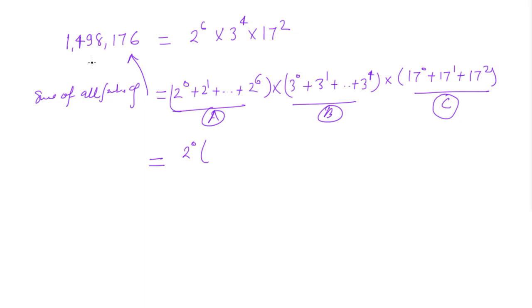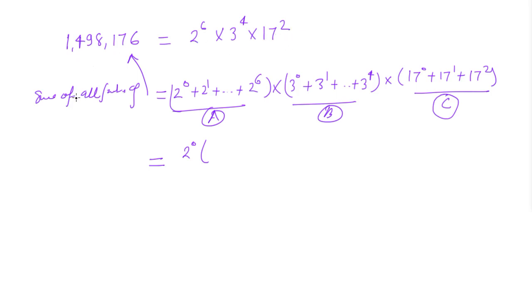Now our target question, that is how to find the sum of all factors of 1,498,176. Let us write it in the form of prime factorization, which in turn equals 2 to the 6th times 3 to the 4th times 17 to the 2nd power.